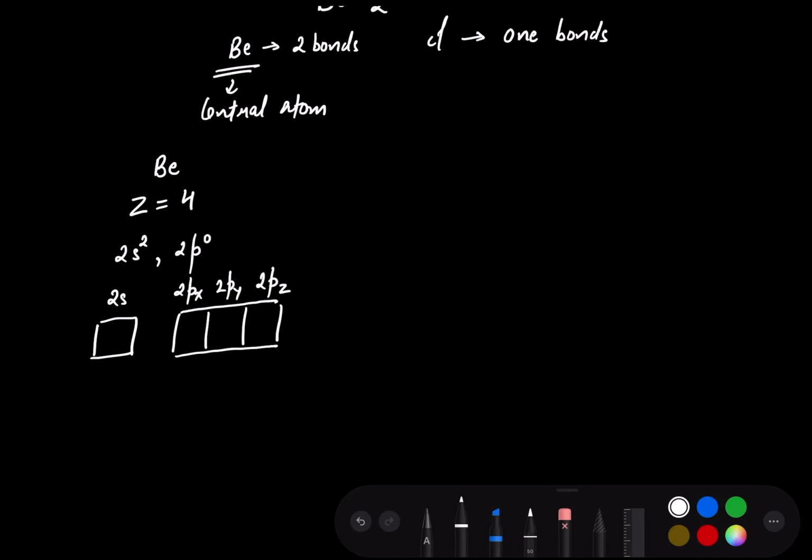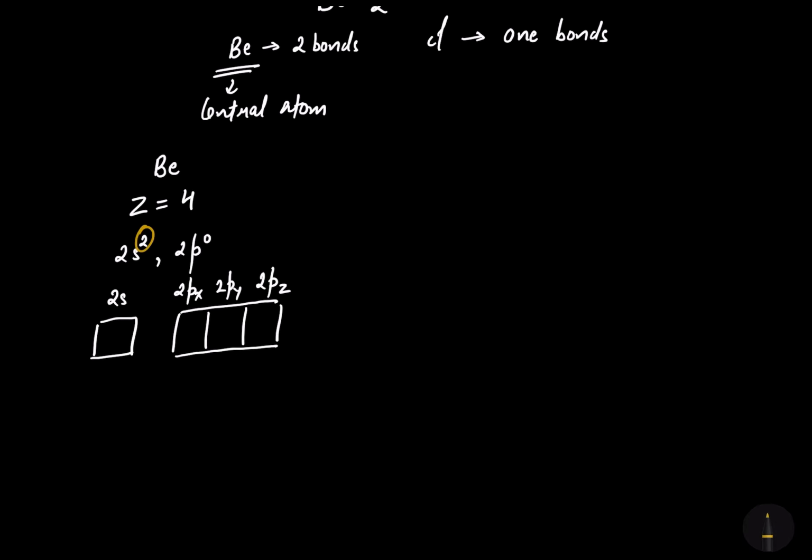Now let's fill the electrons. The 2s has 2 electrons. So the first electron in 2s with a spin of plus 1/2, and the second electron again in 2s with a spin of minus 1/2. So this is called the ground state of beryllium.